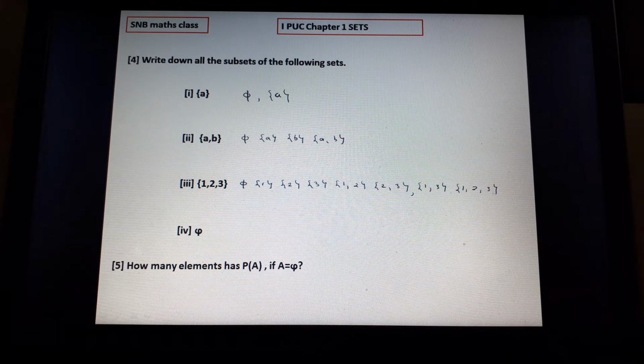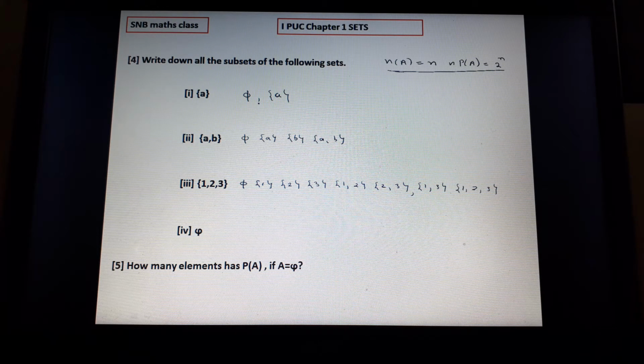Now, before going to the next question, let me connect another property. So we have seen this one. If the number of elements of a set A is n, then the number of elements of the power set of A, the set of subsets, is 2 power n. This is the relation we derived where we have studied.